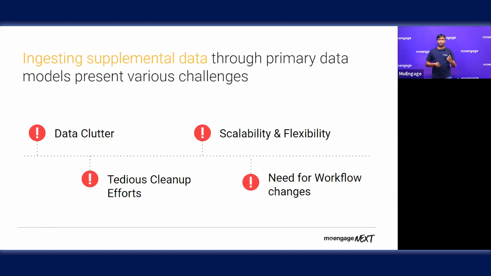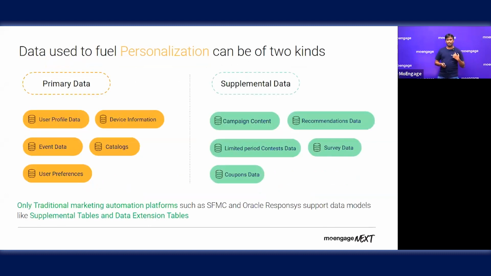To solve this kind of use case of entities beyond the user profile, we first wanted to give you some sense of the data models that companies in the space typically support. If you look at modern customer engagement platforms like MoEngage, we came up with the data models of user profile table, and you have a versatile events data model which enables brands to bring in real-time events from any data source.